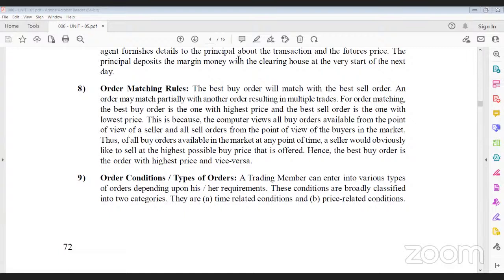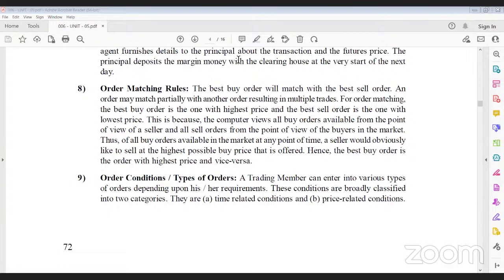The best buy order will match the best sell order. Therefore, it is the order with the highest price or lowest price. Hence, in any given market, at any point of time, a seller would obviously like to sell at the highest possible buy price offered.